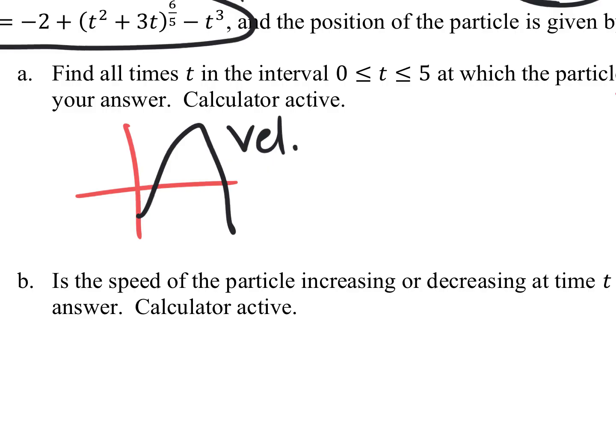What are all of these y values here? Those are all negative y values, right? What are these y values here? Aren't they still positive? Anything above the x-axis is positive. Anything below the x-axis is negative.